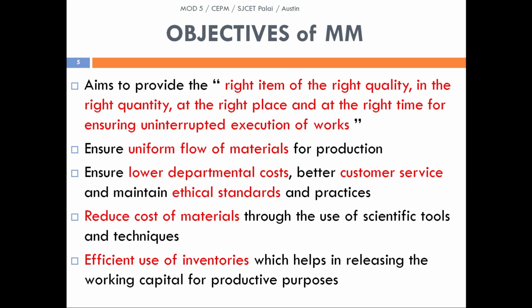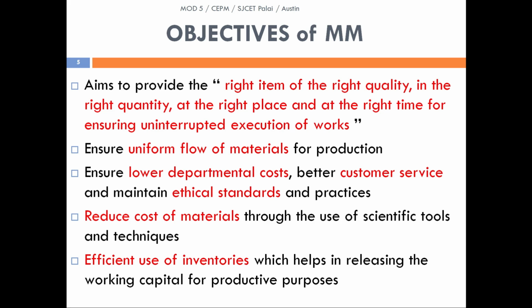Second one, to ensure a uniform flow of materials for production, like we said from the first point where we stopped. The next point is uniform flow of materials. There should not be any interruption to the work being carried out. Therefore, flow of materials should always be facilitated for the execution of the works.